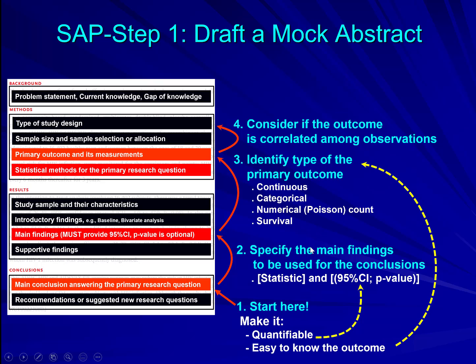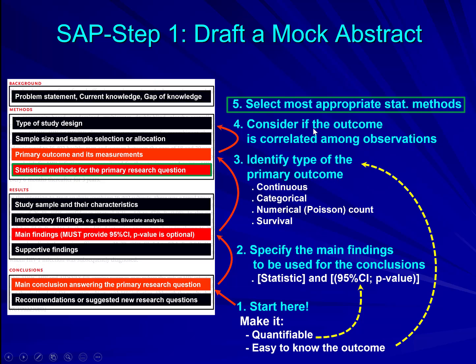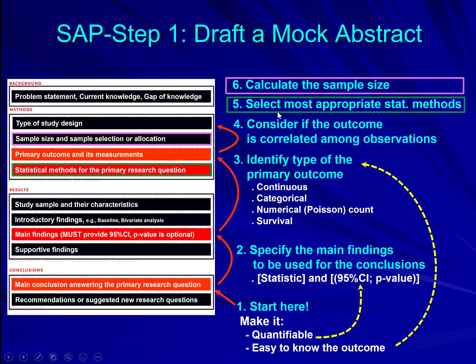So these are all details so that we can plan the statistical analysis in the correct way. That means we select the most appropriate statistical method and calculate the sample size correctly.